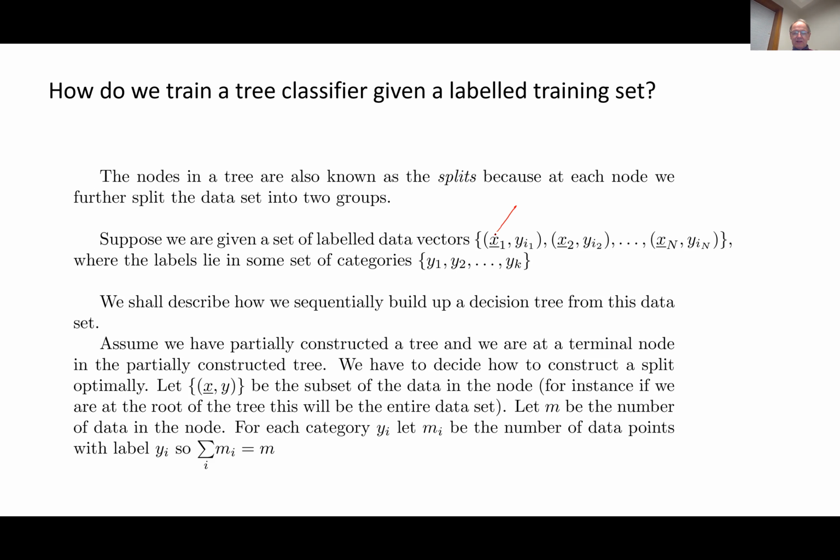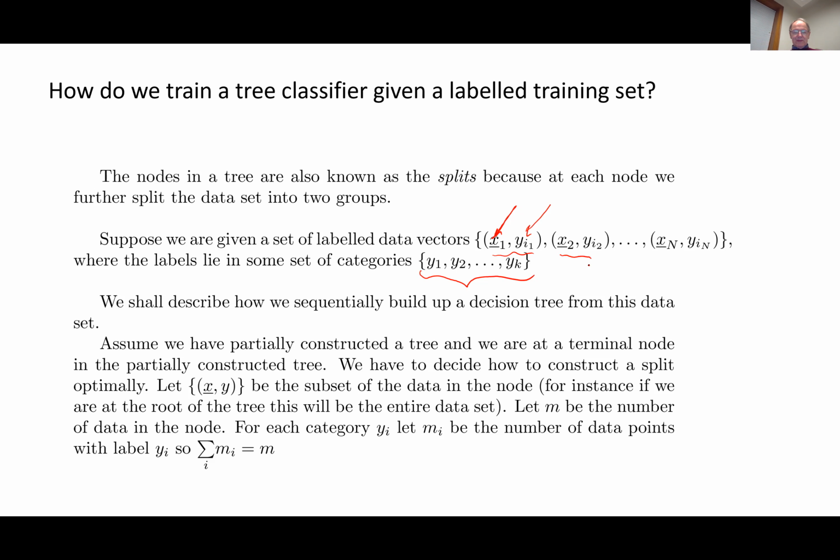The data vectors are the first part, and the labels are the second part. We have these categories y1 up to yk. Now we want to make a tree that is going to fit the data set, in the sense that it's going to send the data points we have here to the correct categories. Then we can use this tree to categorize any data point.